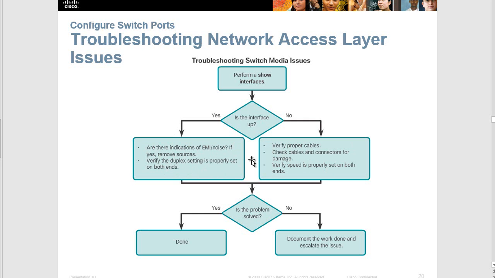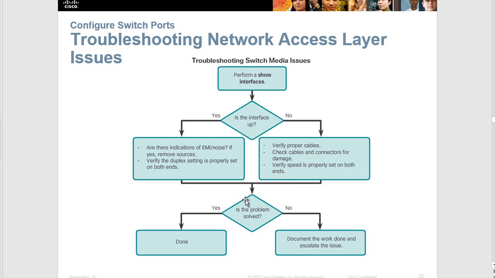You can also verify duplex settings, see if that's properly set. If the interface isn't up, you can check the cables, make sure they're not loose or damaged. Verify that the speed is set properly on both ends. And then move on to the next step.